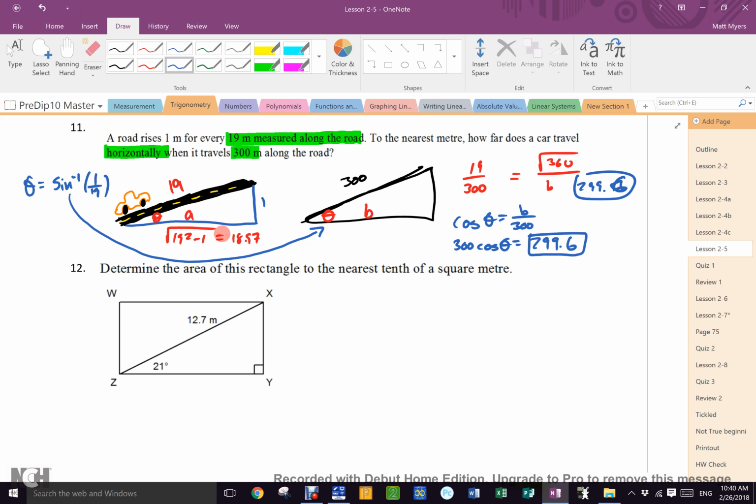Next question is an easy one because I give you the triangles, yeah? If I'm going to do number 12, to find the area, I need a length and a width, yes? Now, I want you guys to do your best to give me the best answer you can for this question.